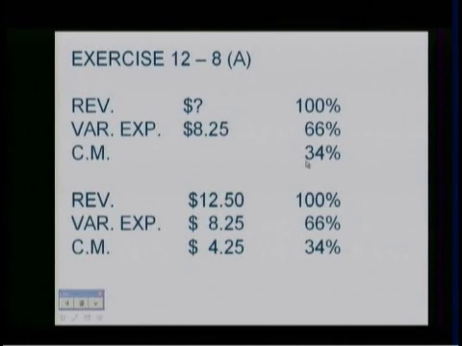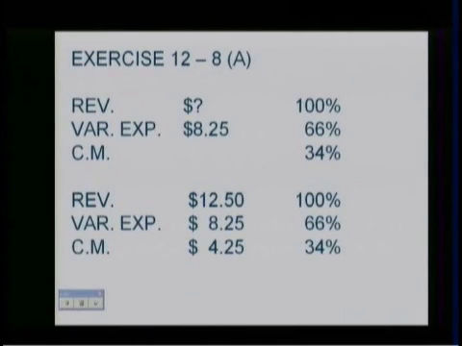Well, if your contribution margin is 34%, that means your variable expenses will be 66% because these two added together have to be 100. Well, if $8.25 is 66% of something, what's that something? If you go through and do your math, you find that the revenues would have to be $12.50 in order to maintain a 34% contribution margin ratio for the new product.